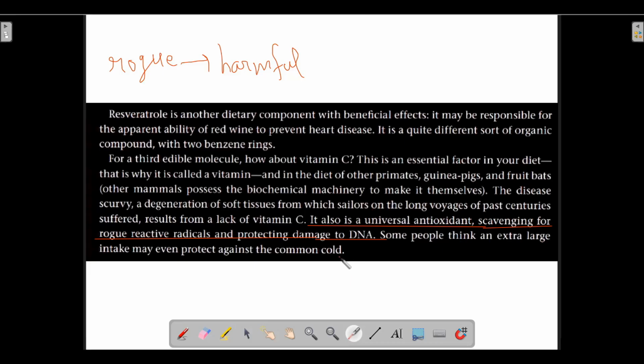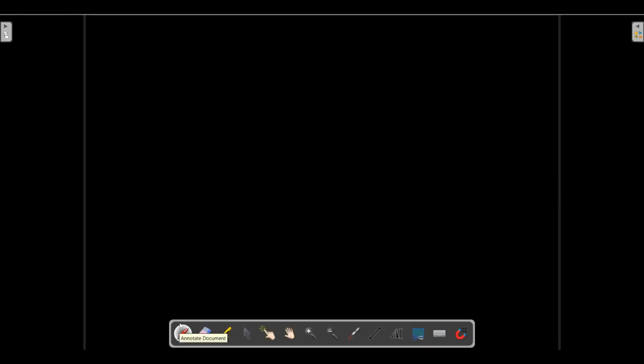Now, how does vitamin C act like an antioxidant? Let me tell you. Let's suppose we have OH radical, hydroxyl free radical.